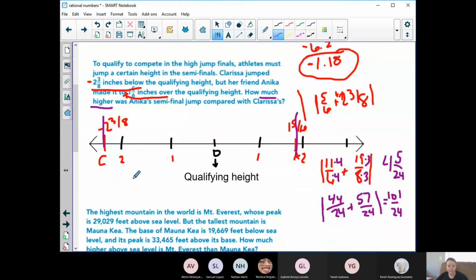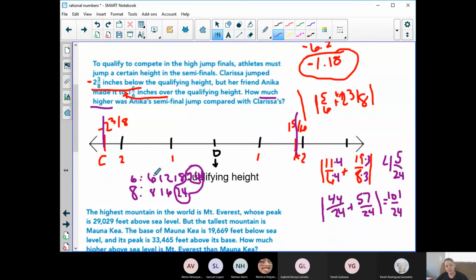To know what to multiply, that's finding the least common denominator. So I'm looking at the multiples. 6 times 1 is 6, 12, 18, 24. And if I do the same thing here, 8, 16, 24, and I can stop because that is the first multiple that they have in common.